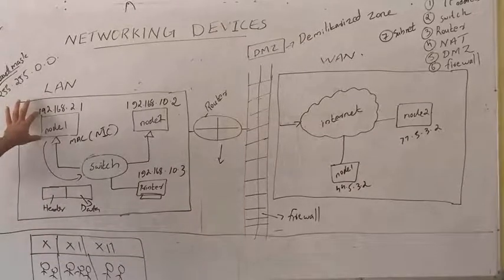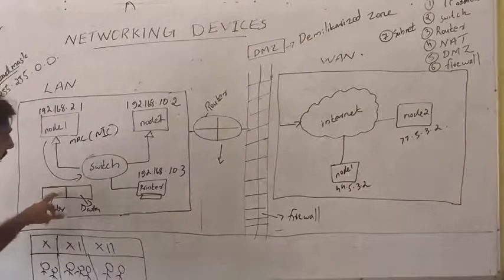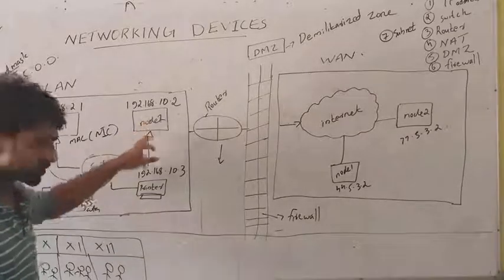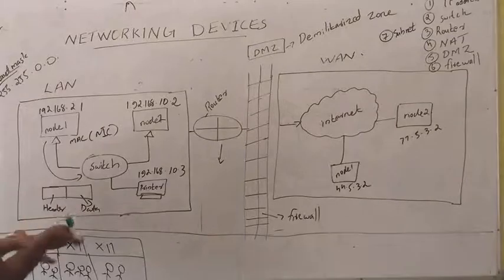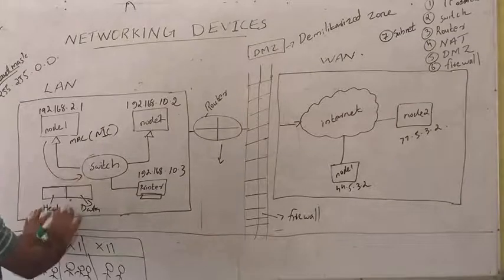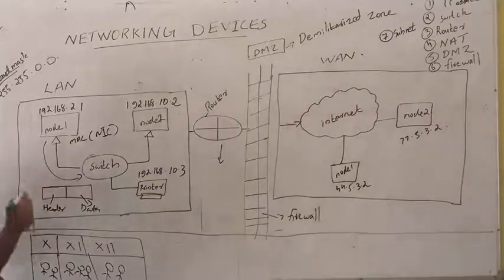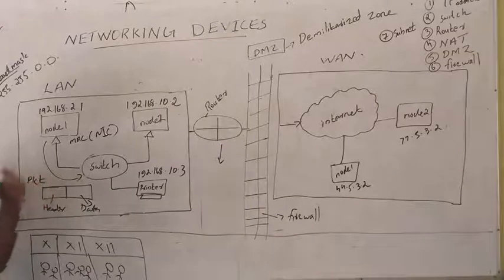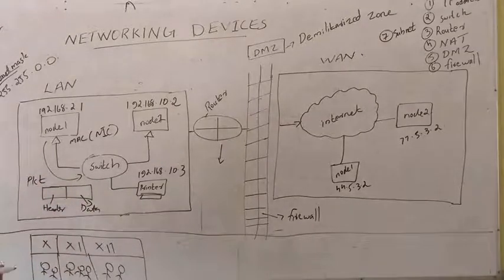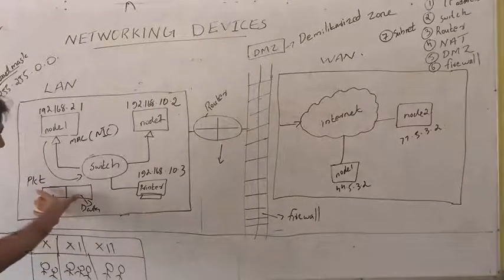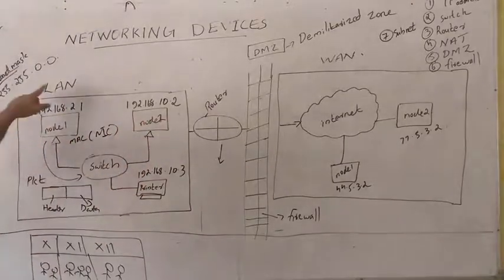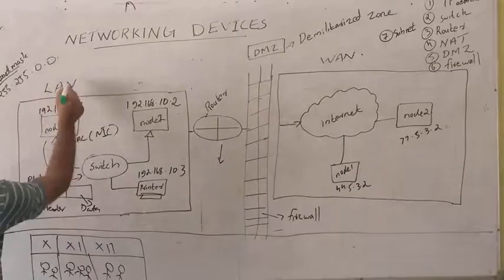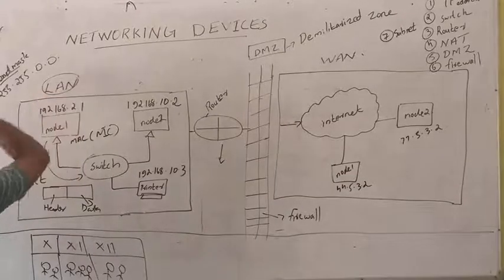By using this header information, the switch directly sends our message. This is called a packet. What is a packet? In a network, all messages are called packets. So this packet is sent to this computer. This is the main working that is done inside the local area network, LAN.